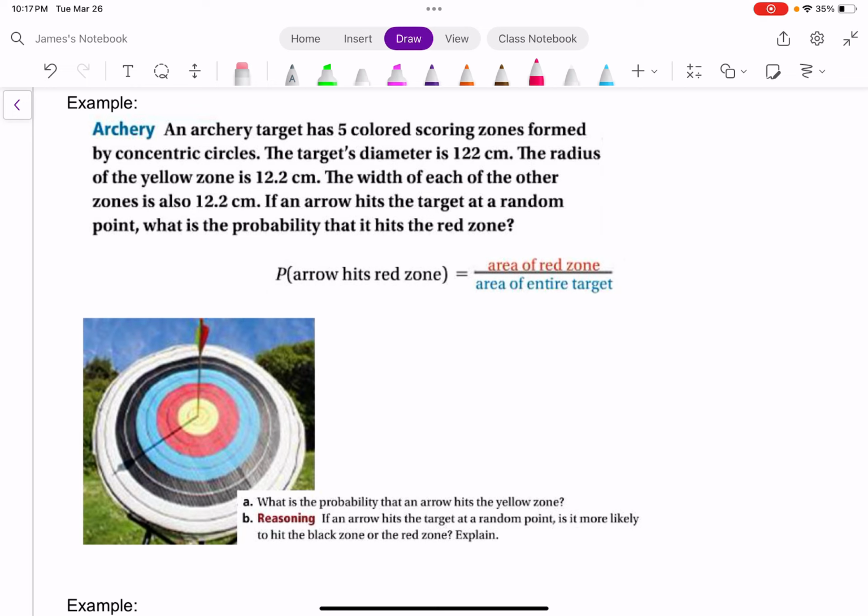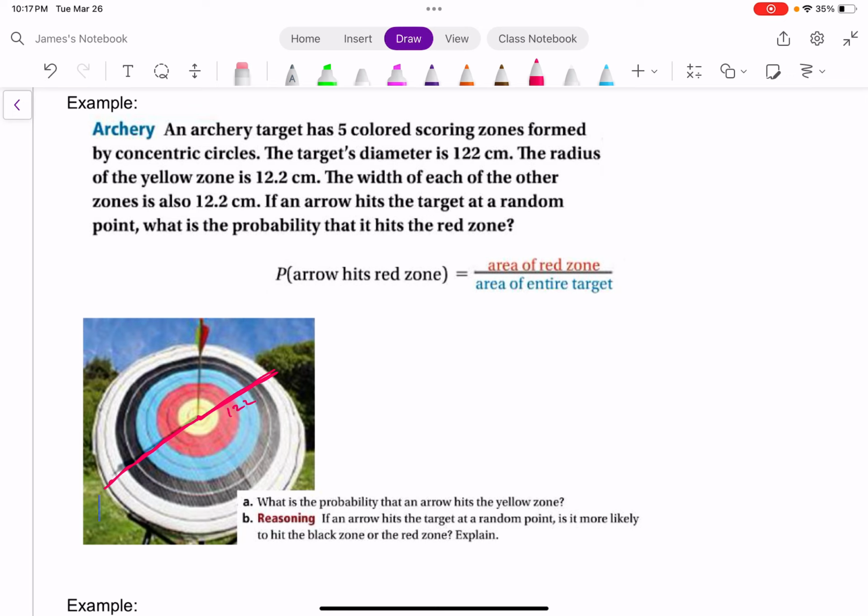Okay. What you need to understand here is that when it says the target's diameter is 122, so we're going out diameter, so 122. So that distance right there is 122.